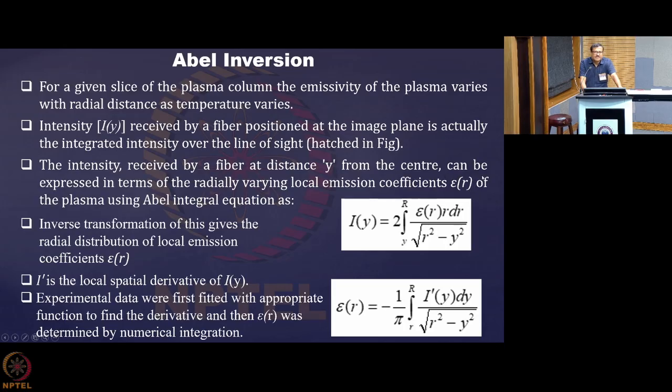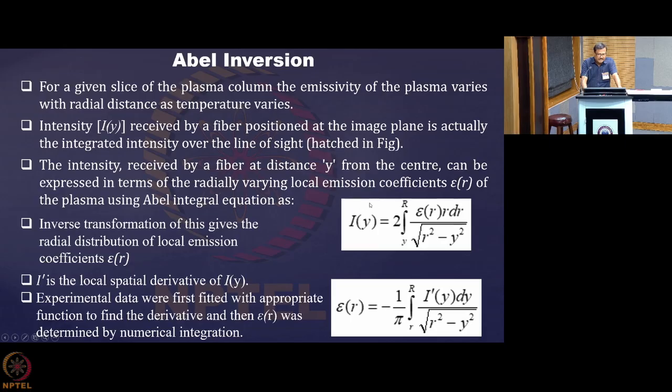This local emission coefficient is our interest. What is the emission that is coming out from a particular location, r location? That is our interest. We are not interested in the net intensity that we are getting. So how to find that out, and that is where mathematicians are helping us.